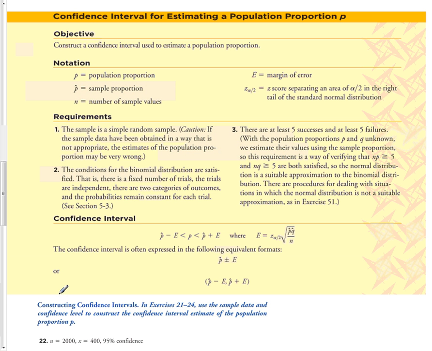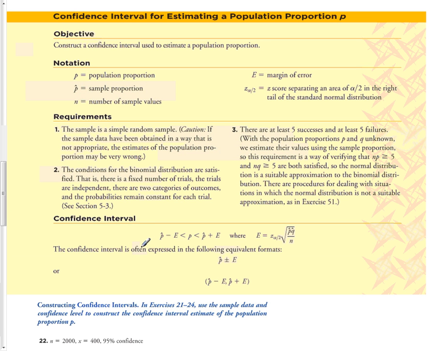Okay, so now we're ready to construct confidence intervals. To construct a confidence interval, we're going to take the point estimate, whatever it may be, and we're going to add and subtract the margin of error. We've only learned how to find margin of error for proportions, but in subsequent sections, we're also going to learn how to find margin of errors for means when we know sigma, and for means when we don't know sigma. So we're going to have three different formulas for margins of error.